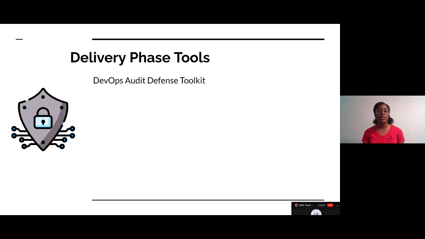But first, we'll start with the DevOps Audit Defense Toolkit. This is basically just a PDF with a nice explanation of what you should be looking for when you do that kind of manual audit.